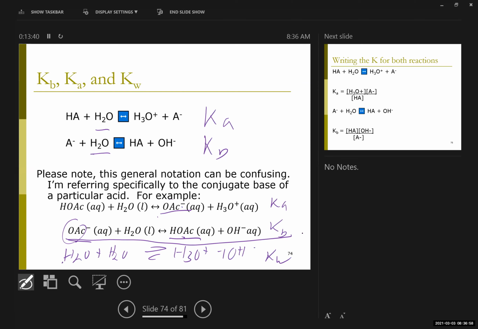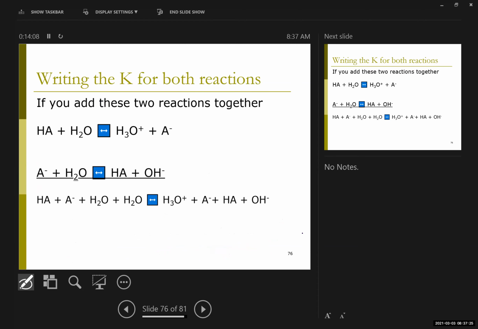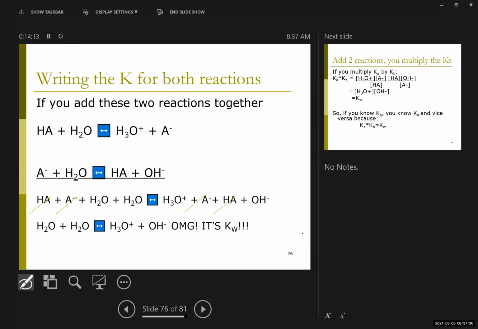Which is why historically, nobody bothers to list acetate separately, because the Kb of acetate can be easily calculated from the Ka of acetic acid. If I add the two reactions, I essentially multiply the Ks, because I have now all of the reactants from both reactions, and I have all of the products from both reactions. But again, everything except the water reaction cancels.